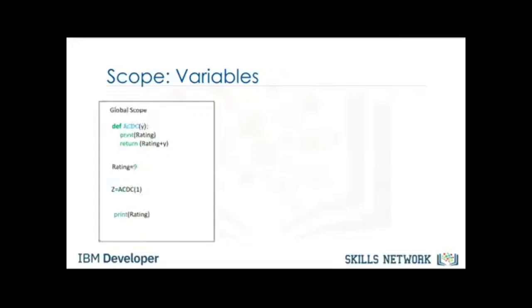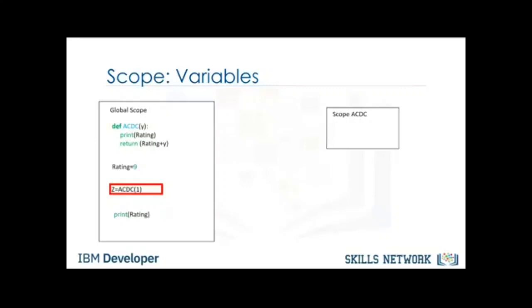If a variable is not defined within a function, Python will check the global scope. Consider the function ACDC. The function has the variable rating with no value assigned. If we define the variable rating in the global scope, then call the function, Python will see there is no value for the variable rating.